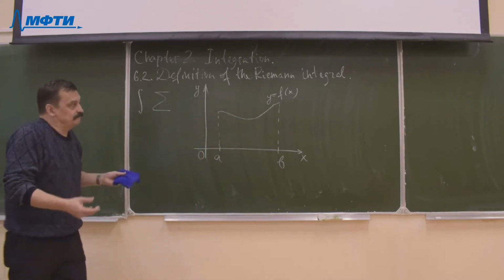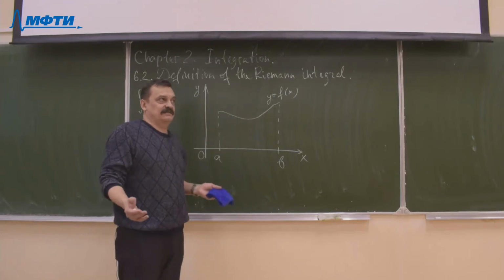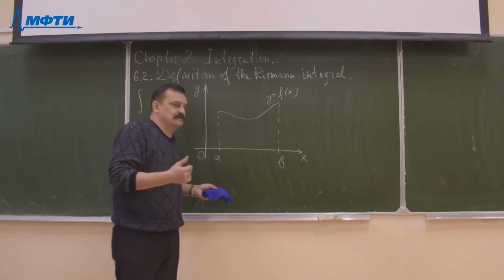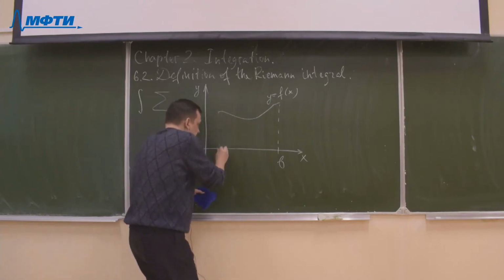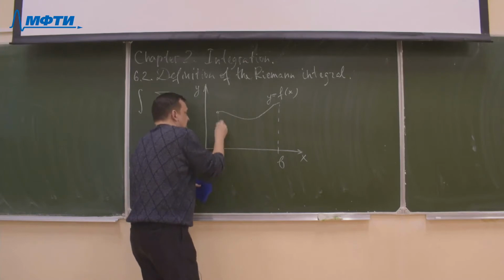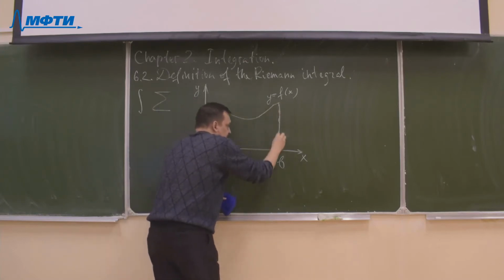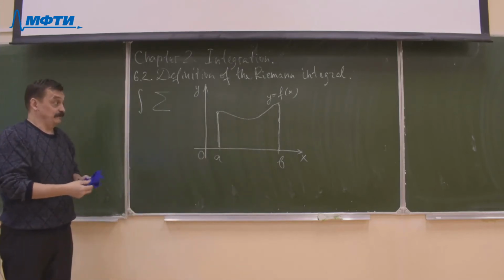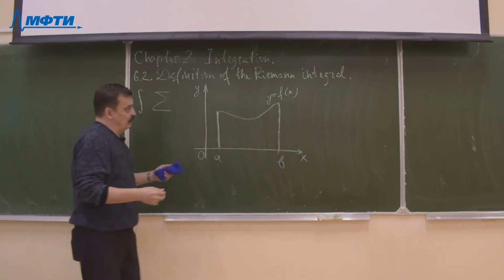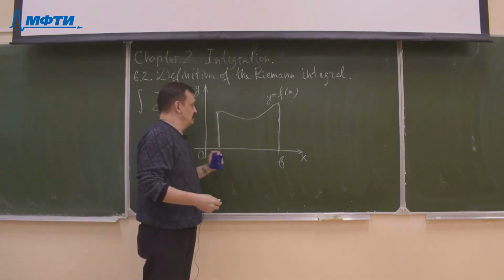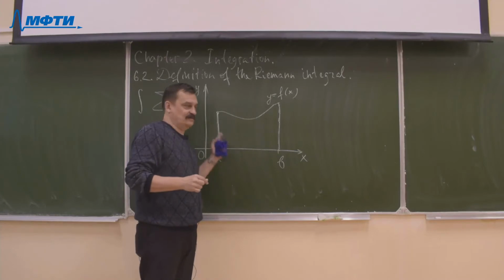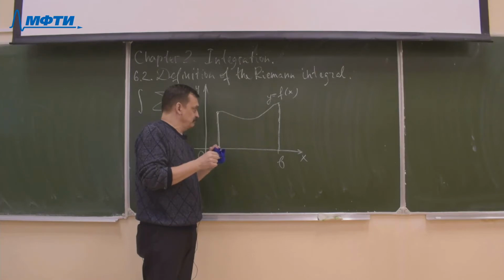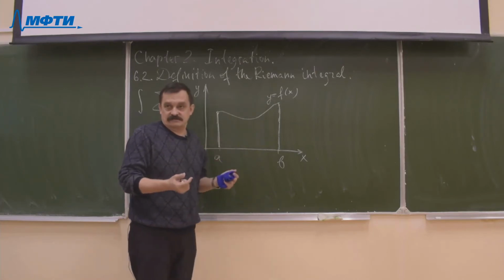Okay, the simplest idea is to replace this figure, I mean we are interested in the area under the graph, this trapezoidal figure. And the idea is to approximate this figure by figures with easily computed areas.